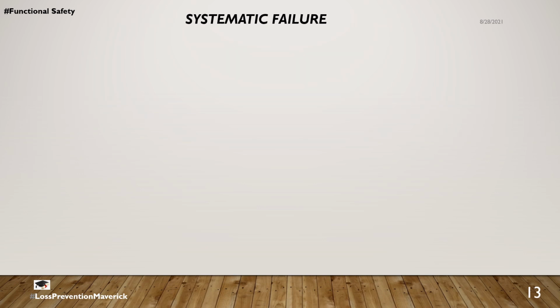The third failure we come across is called a systematic failure. For the keen observers throughout the series, in the other places there was random hardware failure and common cause hardware failure, but here it is just written systematic failure. We will come to know why. Let's look into the definition.